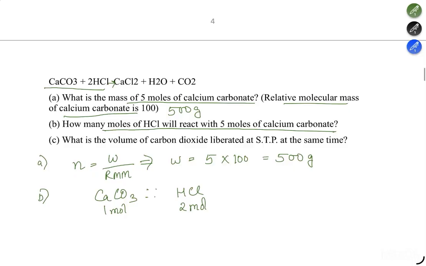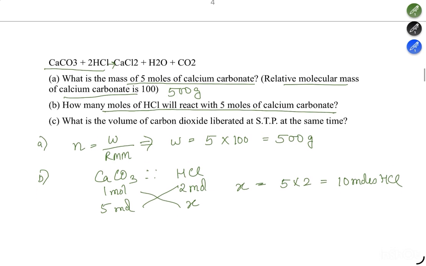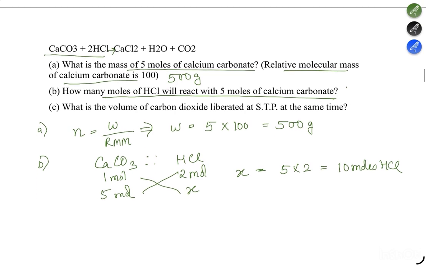So 1 mole of calcium carbonate needs 2 moles of HCl. So how many moles of HCl will react with 5 mole? It's very simple. It's X mole. You can do cross multiply. So X will be equal to 5 times 2, which is 10 moles of HCl required to react with 5 moles of calcium carbonate. So this answer is 10 moles. Now let's move to the last part.